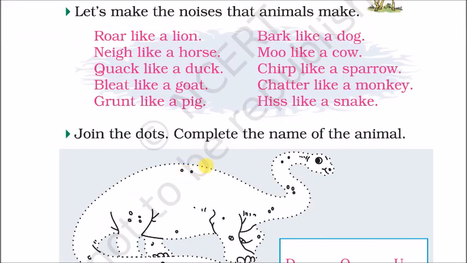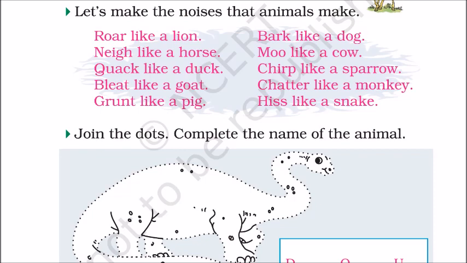Let's make the noise that animals make. अब जानवरों की जैसे आवाज़ निकालिए. Roar like a lion. एक शेर जैसे दहाड़िए. Bark like a dog. कुत्ते की तरह भौंकिए. Neigh like a horse. एक घोड़े की तरह हिनहिनाइए. Moo like a cow.